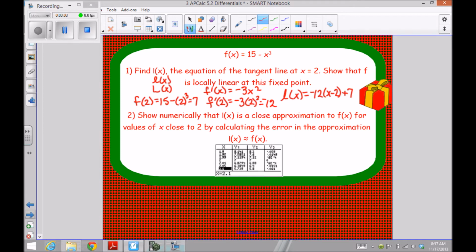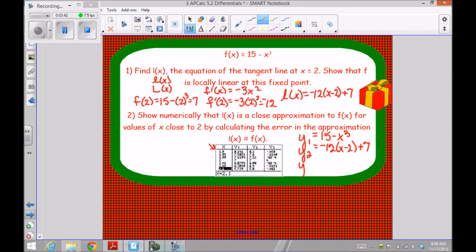And when it says show numerically that L of x is a close approximation to f of x for values of x close to 2 by calculating the error in the approximation, what I did on this is that for x values, I just let that be on ask, where I would plug in the values I wanted, 1.9, 1.95. y1 is my original function, 15 minus x cubed. y2 is my linear approximation, negative 12 times x minus 2 plus 7.